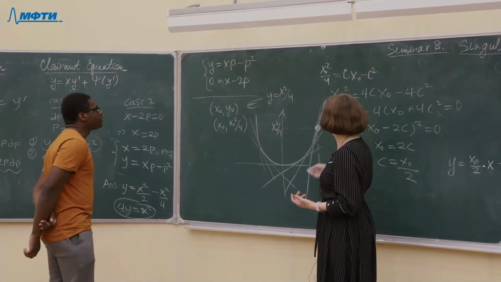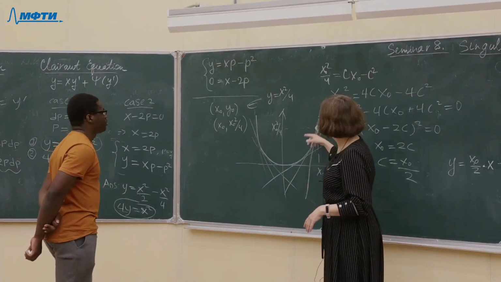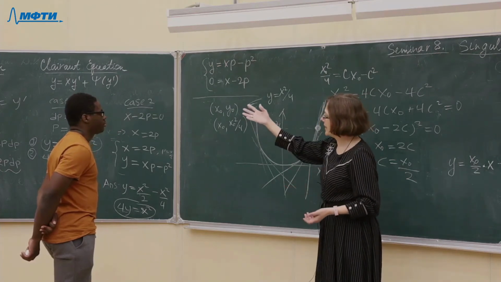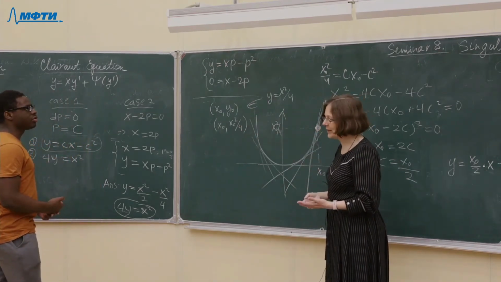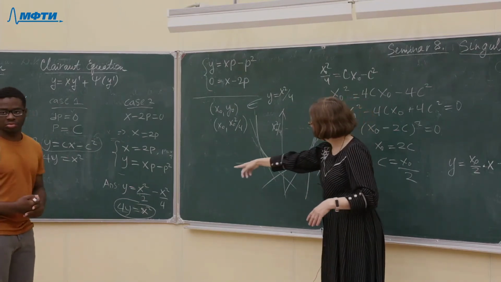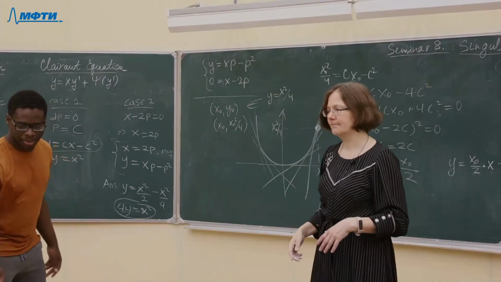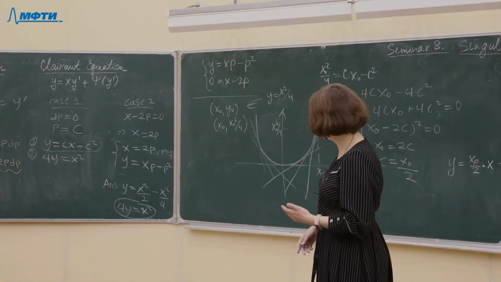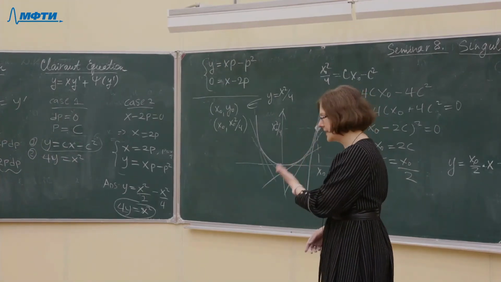We should show that through any point on this singular solution there is a curve from the one-parameter family that goes through it. And once it is shown, then we get that this is a singular solution.